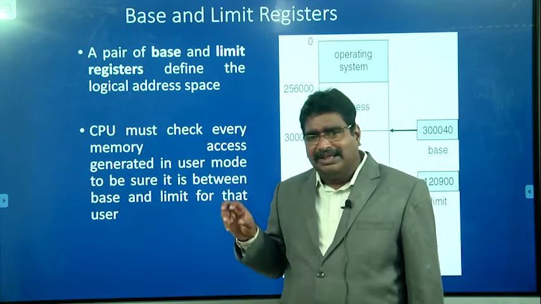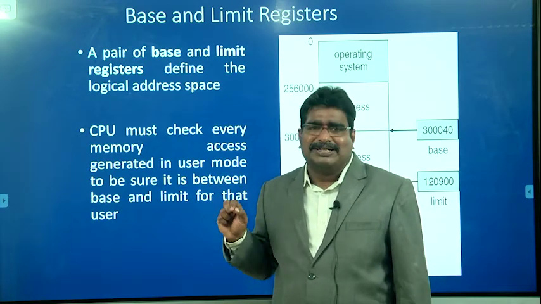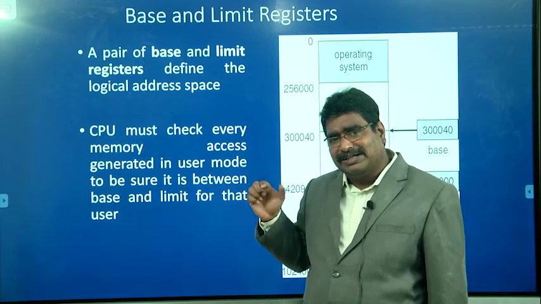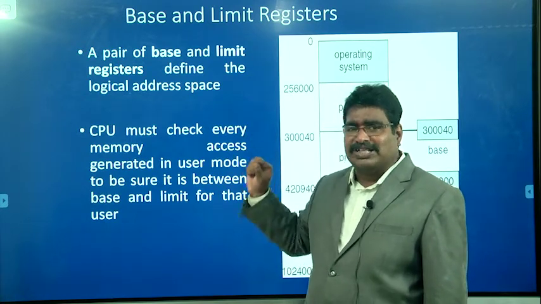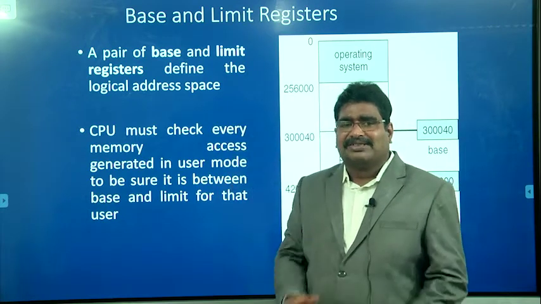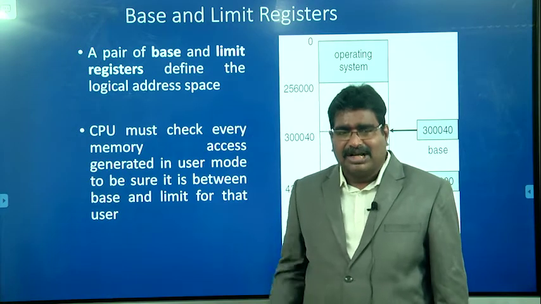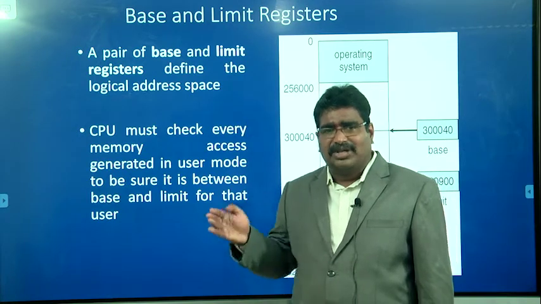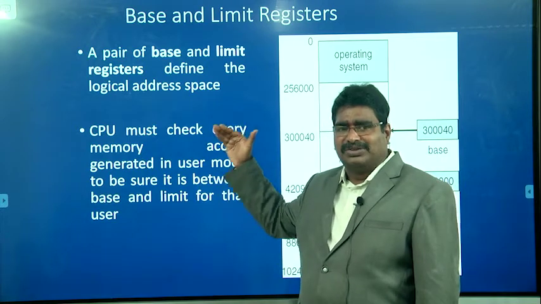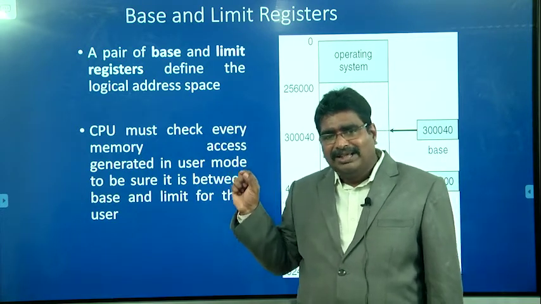So this address is represented as the logical address, that is, the address relative to the beginning of the particular program. And what is the physical address? For example, we assume our program is stored at location 5000.